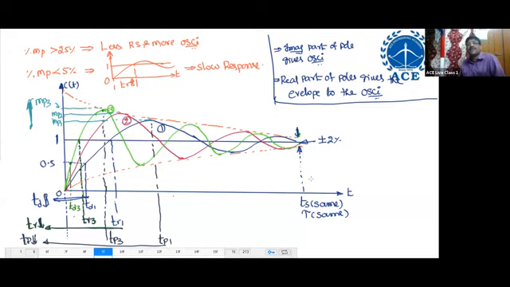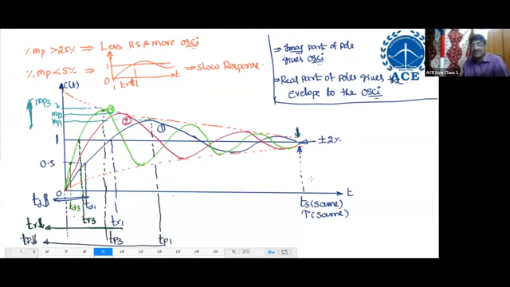Sometimes in the objective exam, they give a pole location and ask you to identify the unit step response. For that, first observe what factor is constant. Settling time is constant. In which option settling time is the same for all, observe. Next, delay, rise and peak time should decrease.